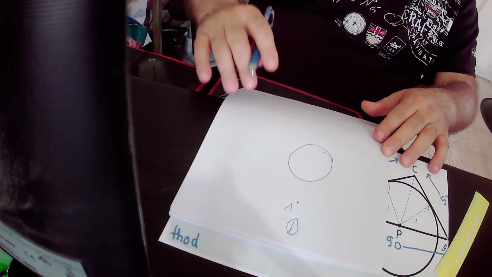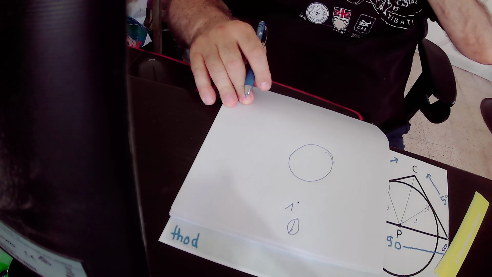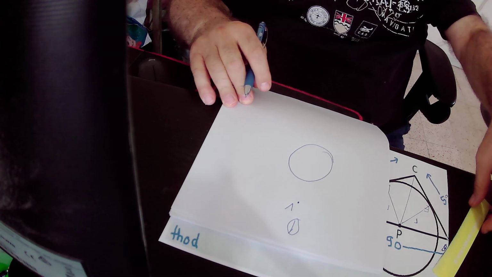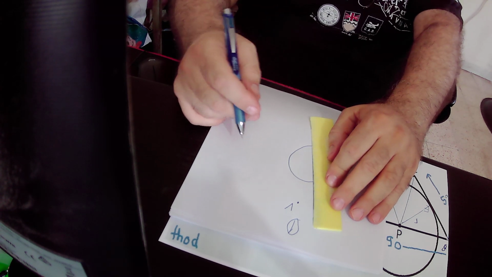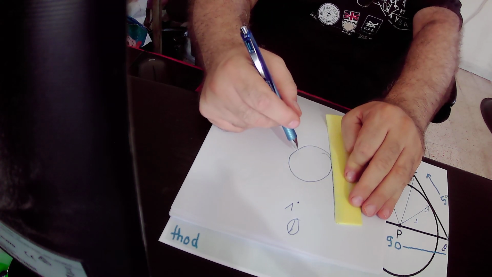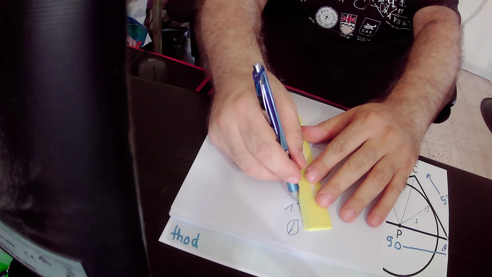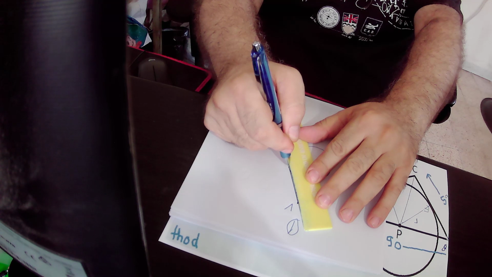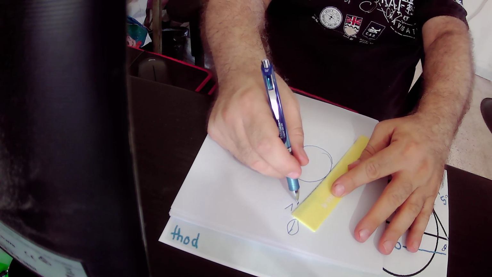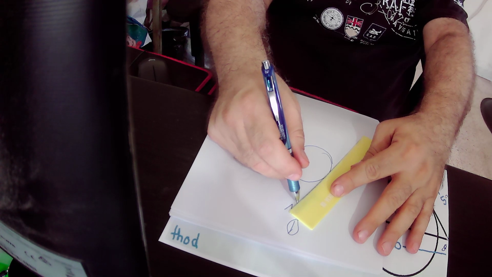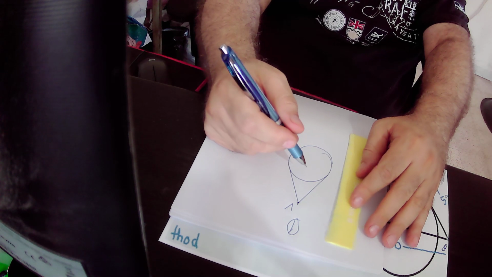So if you have a circle and an external point of the circle, and you draw two tangents to the circle, this is one tangent, and this is the second tangent.